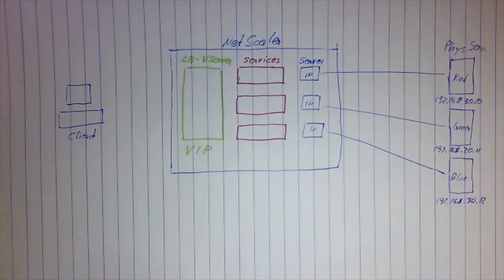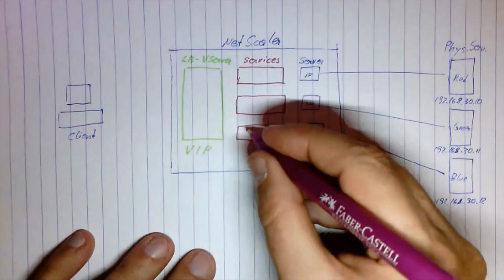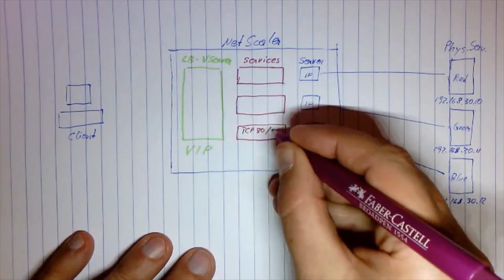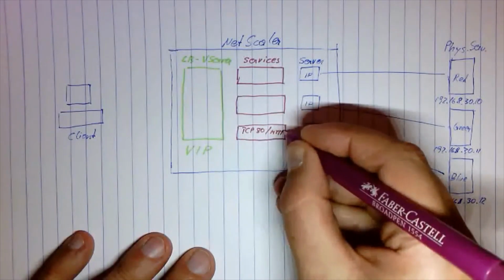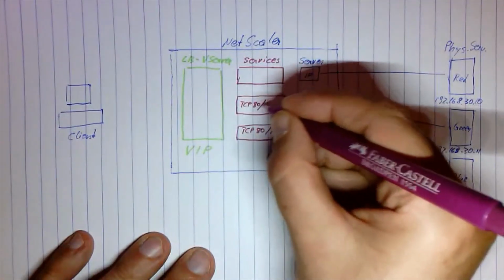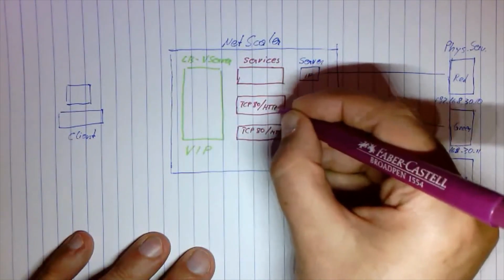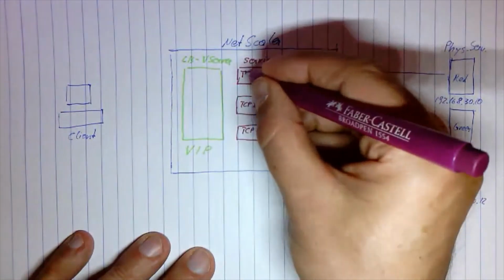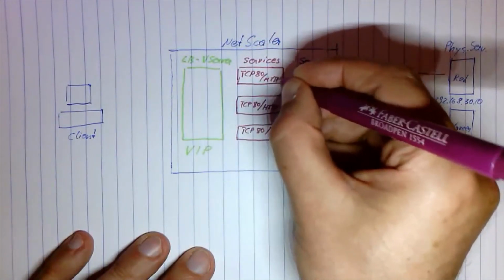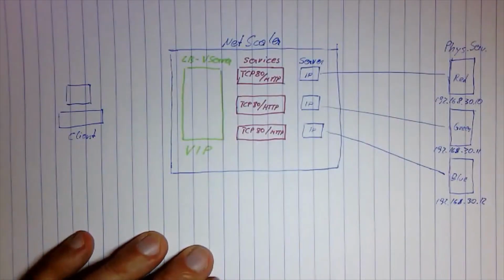Now what's the property of the service? The property of the service basically is the protocol and the port. So HTTP, port 80, TCP port 80 and HTTP protocol, for all of them the same. And the last one is the load balancing vServer.